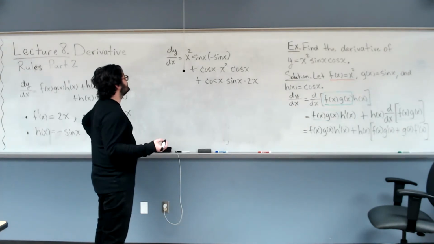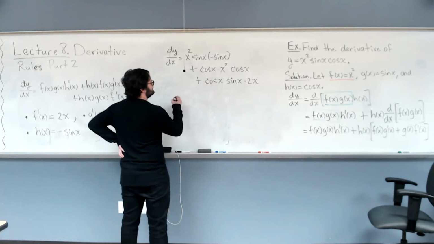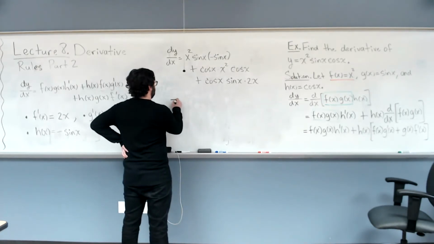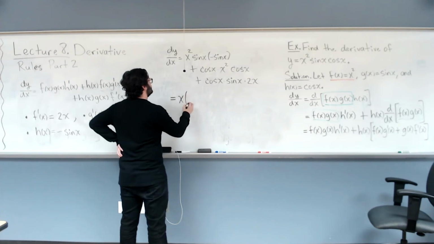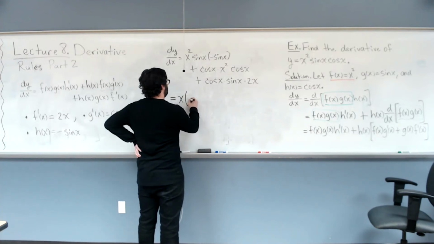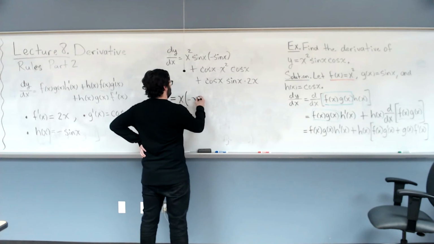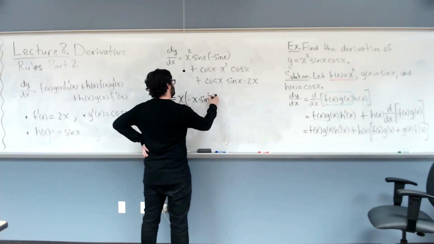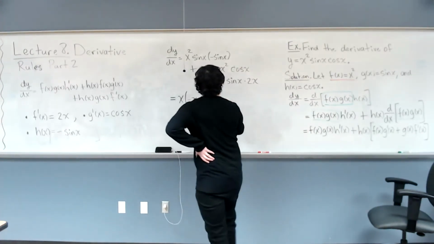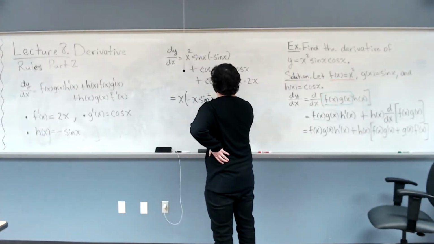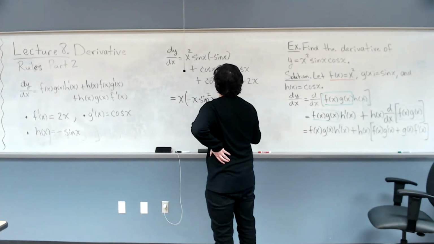I could maybe simplify it. Yeah, I guess I can. So this is going to become, I can factor out an x. And then this would be minus x sine squared of x plus, oh, no, I can't.